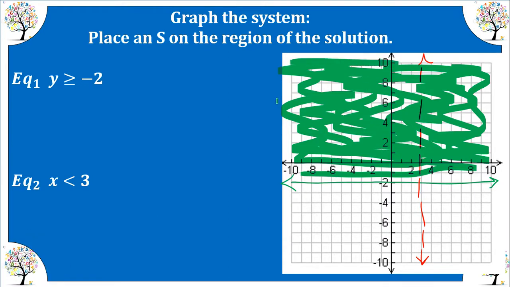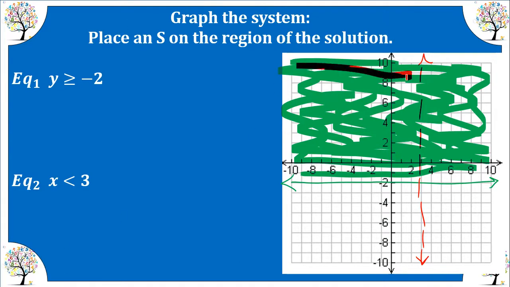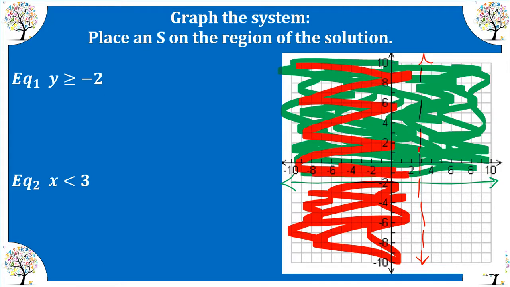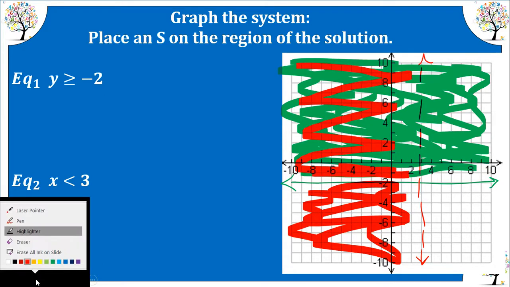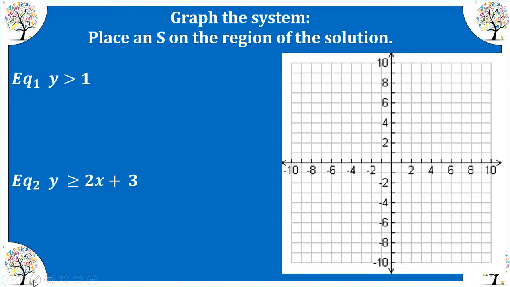And all of these are the solution points for the red. So you can see in this area here, this overlapping is your solution set, S for solution set. Nice. Okay, let's try one more of these.